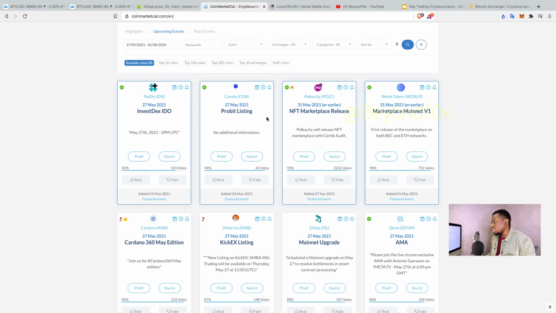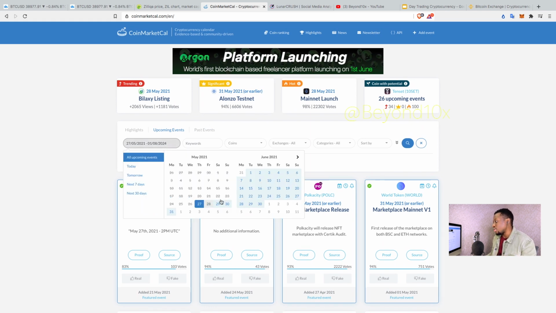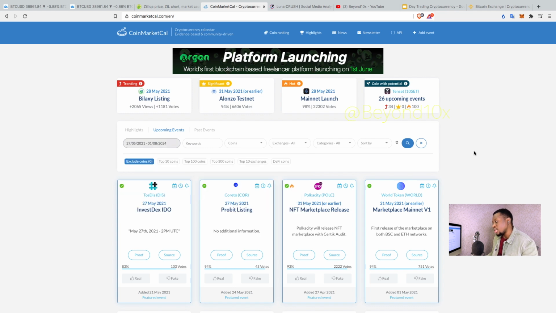You can even filter things by dates, choosing a time frame, and you can easily see what type of coins could potentially have the highest expectations in terms of price appreciation, because they could have some bullish events and bullish news as well.